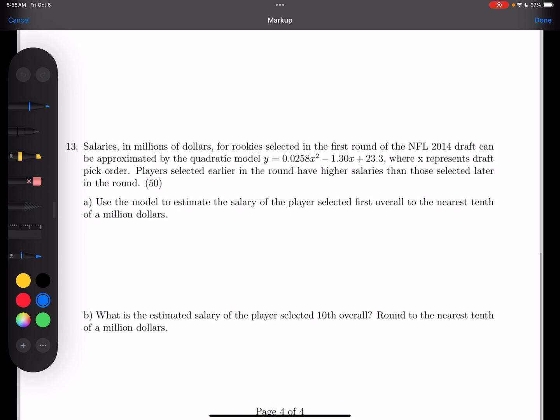So first overall is going to be x equals 1. So we take this equation and we say y equals 0.0258 times 1 squared minus 1.30 times 1 plus 23.3.